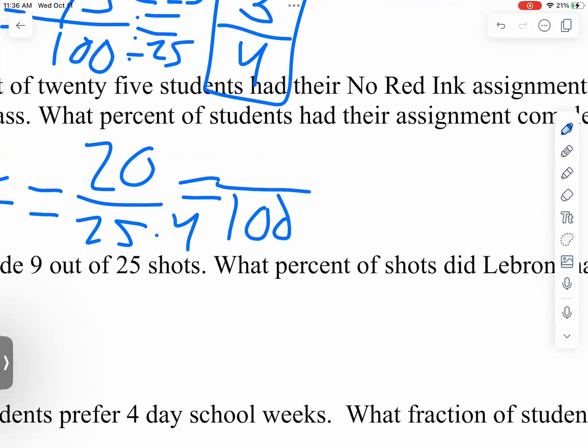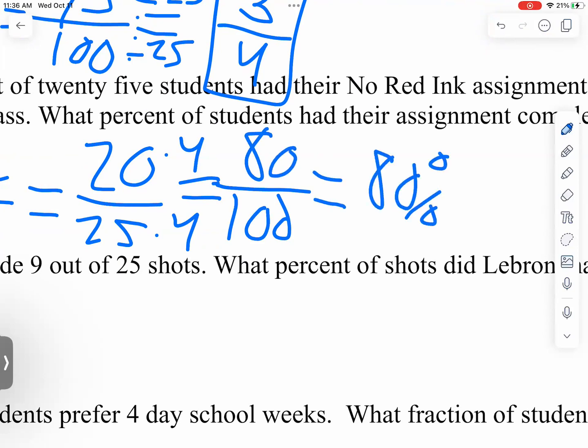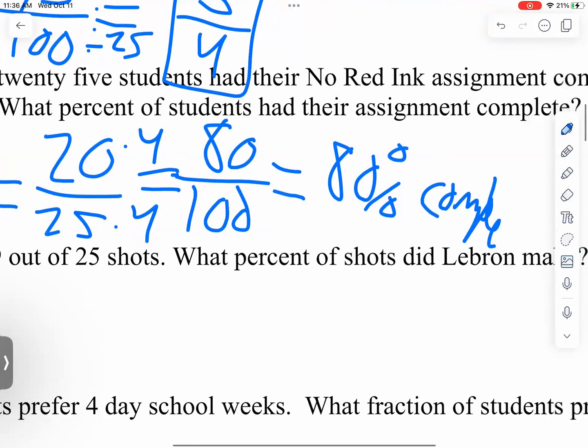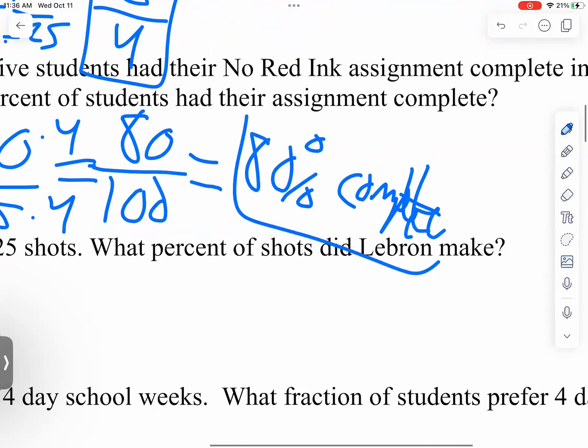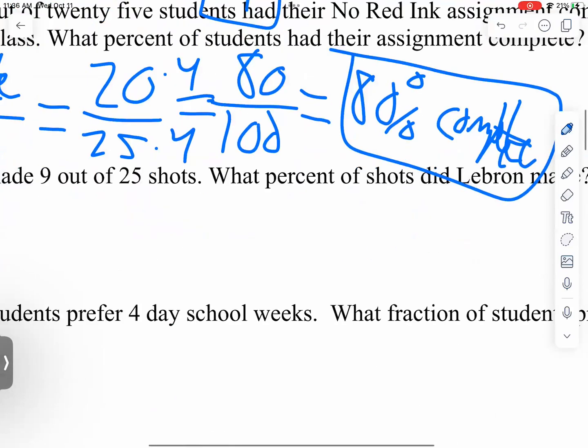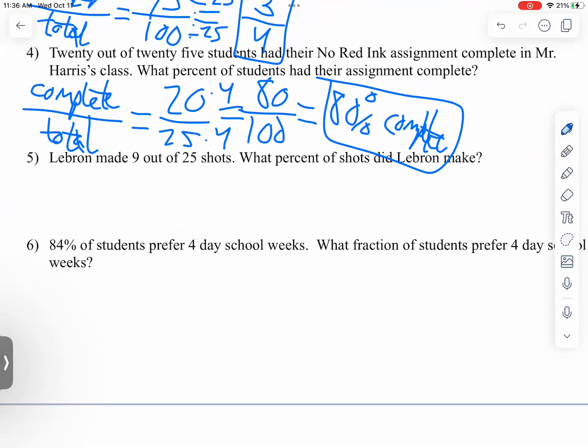So 25 times 4 is 100. 20 times 4 is 80. So that's 80% were complete. All right. And tomorrow our next lesson is actually going to be working on finding the other part, meaning the not complete.